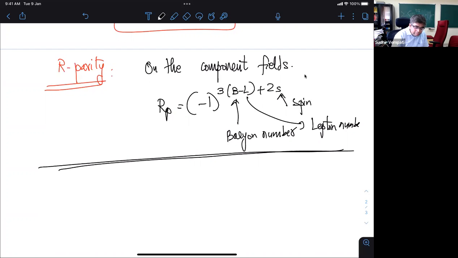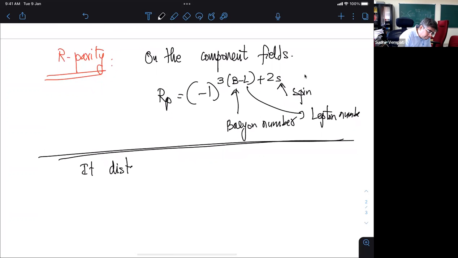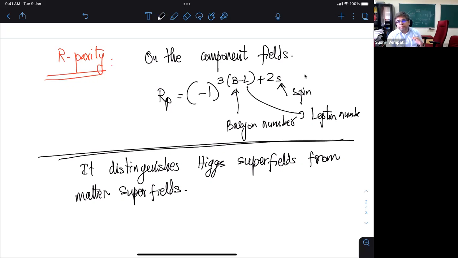Actually, what this does is it distinguishes Higgs superfields from matter superfields.